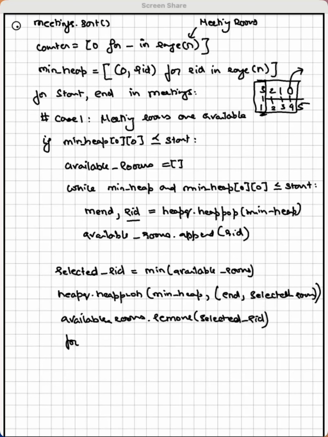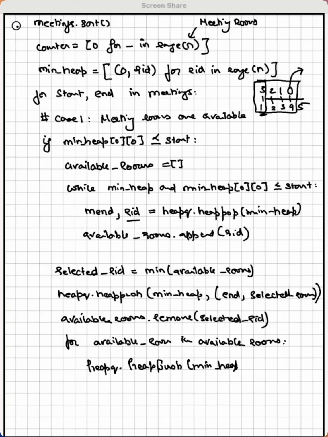And then for the others, for available room in available rooms, what we will do is heapq.heappush of min heap of 0 end, comma, available room.